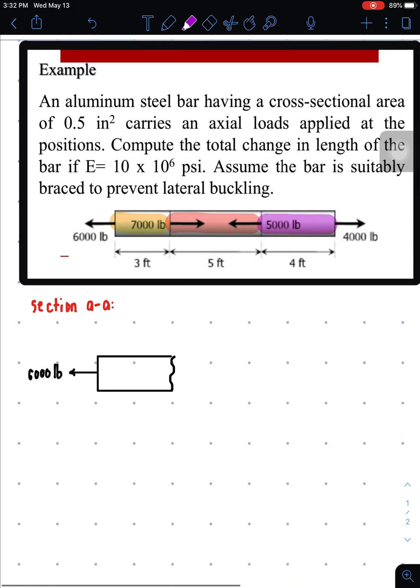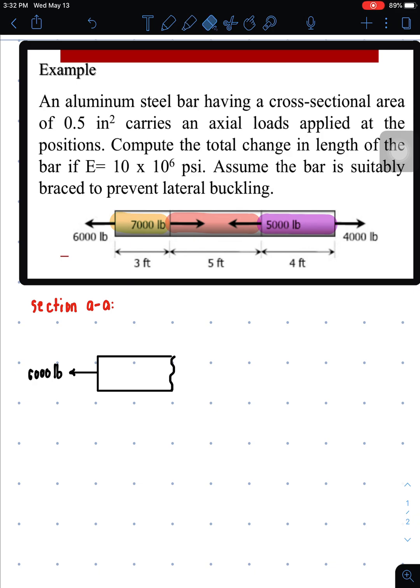That's why we're going to separate the stresses and at the same time the deformation of the material. We don't know what will happen in the sections because the material might experience compression or tension, so there's a different approach that we're going to consider. It may be in compression or in tension. Remember that compression and tension are both axial forces.